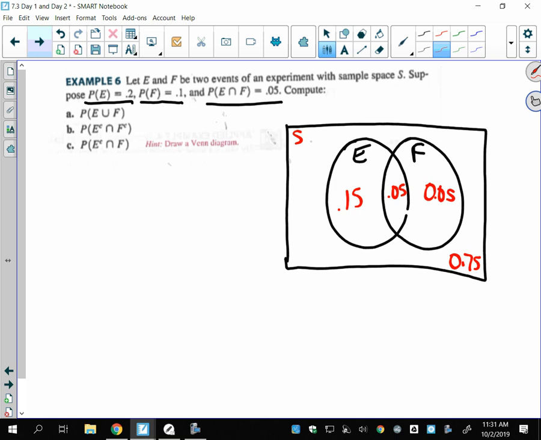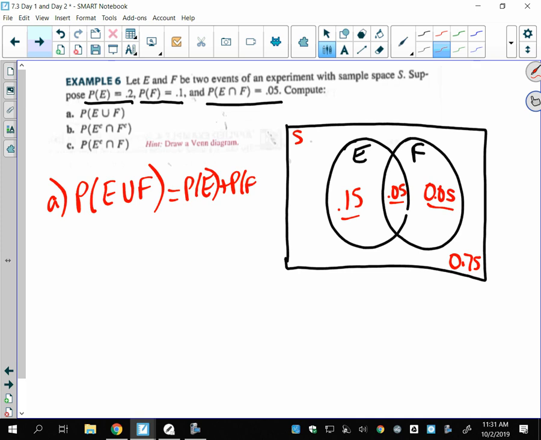Because this is S. Okay, so part A says, what's the probability of E union F? Again, be careful here because we have this intersection, but either you can just add these three across, or you can take the probability. Here's the formula. It's the probability of E plus the probability of F minus the probability of their intersection, right?